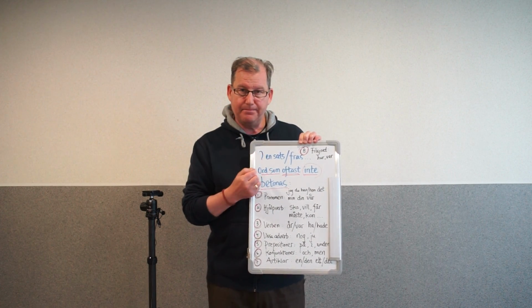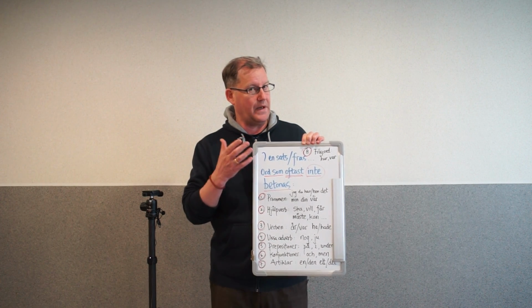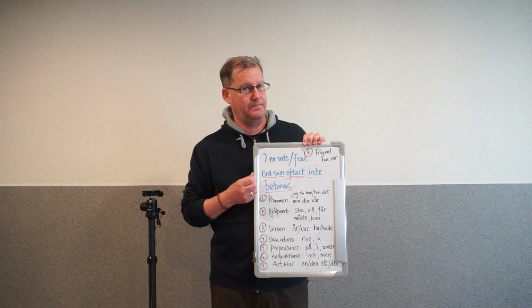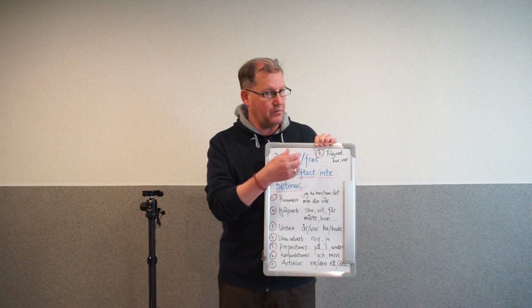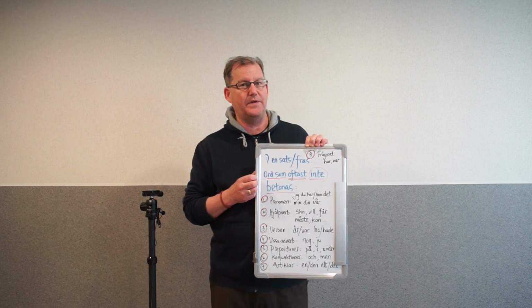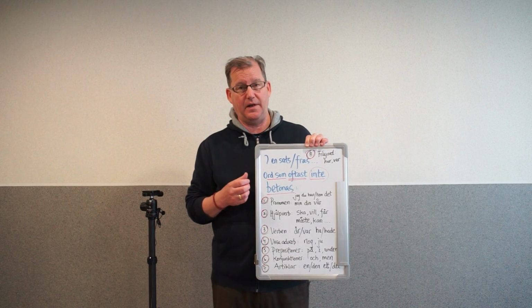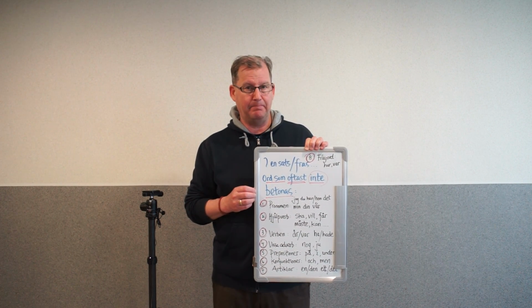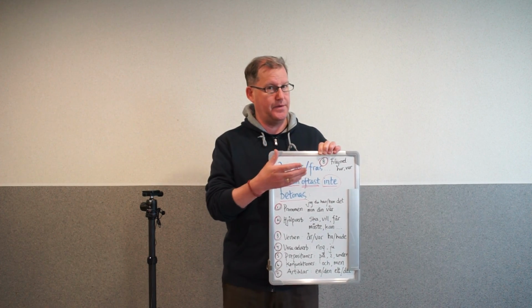En sats, en fras, means, more or less literally, part of a sentence. So like half a sentence or a section of a full sentence. So what do you call a sentence in Swedish language? You say en mening. En mening, that is a sentence.